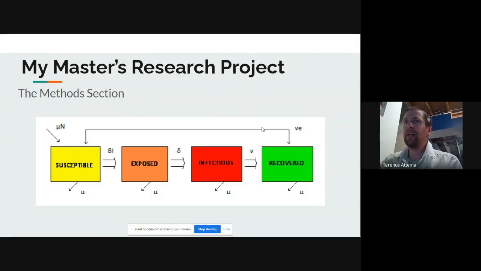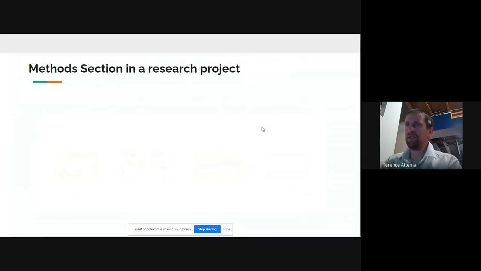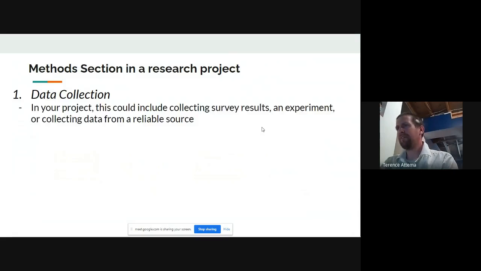I think most of you are in the methods part of your project. You're figuring out how you are sending your survey out if you're doing a survey, or maybe you're looking for research online. There are a few different ways to collect data. As I mentioned, about half of you are doing survey-type work, and about half are looking for reliable sources online to answer a research question of some kind.